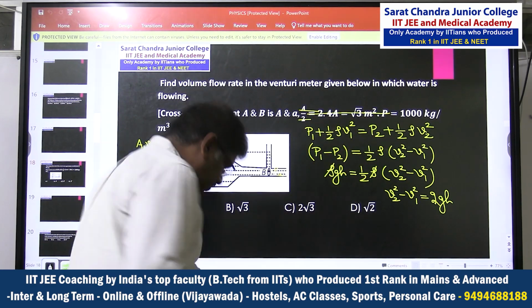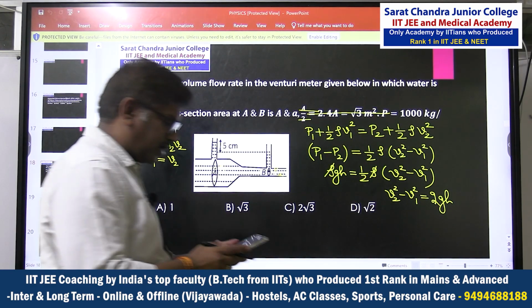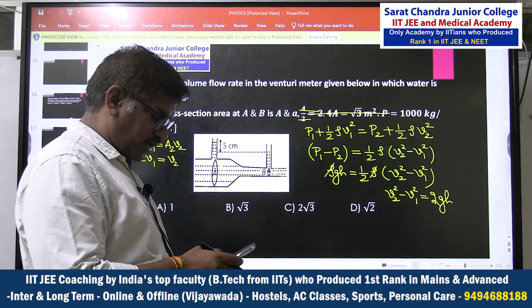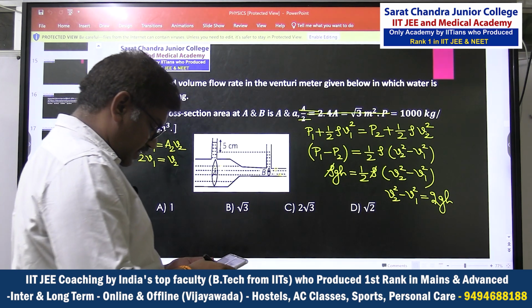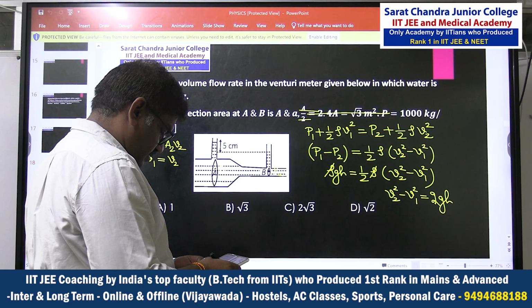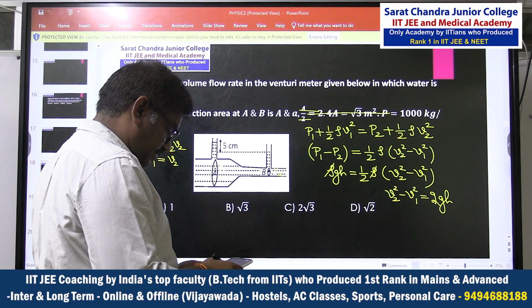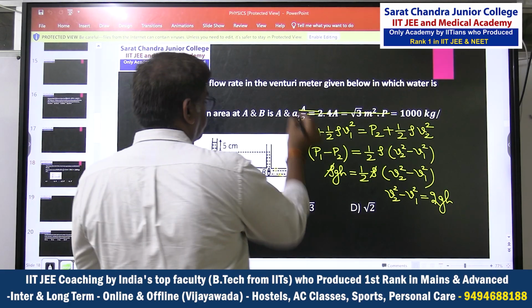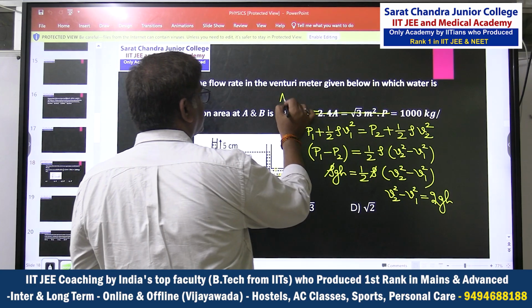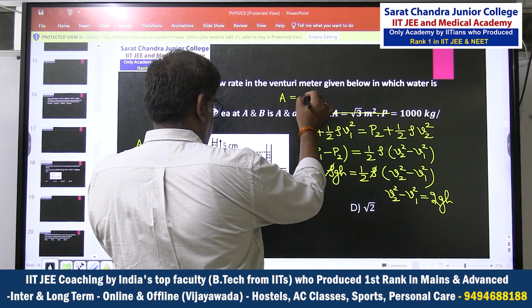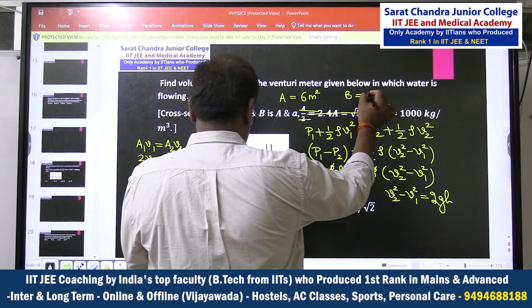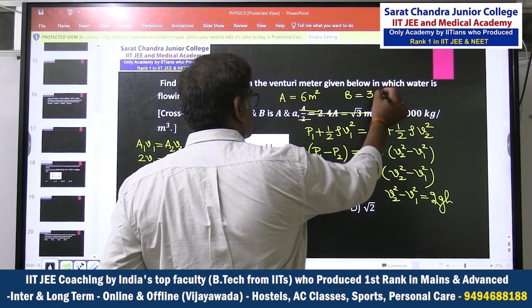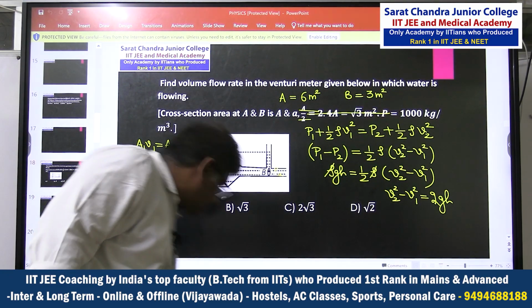Again, as I told you, this is memory based, so some of the values are different. Let me give you the correct values here. A1 and A2 are given to you as, at A, 6 meter square, and at B, 3 meter square. So the ratio is 2:1.